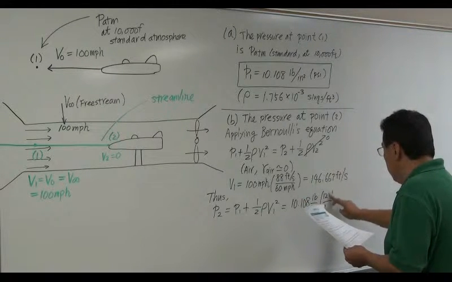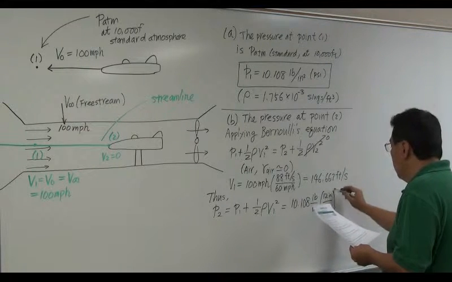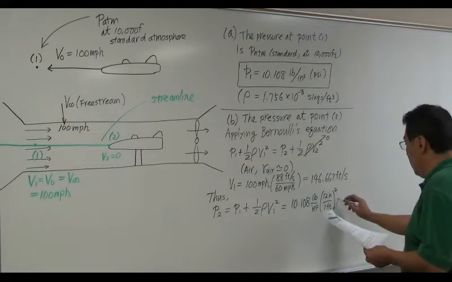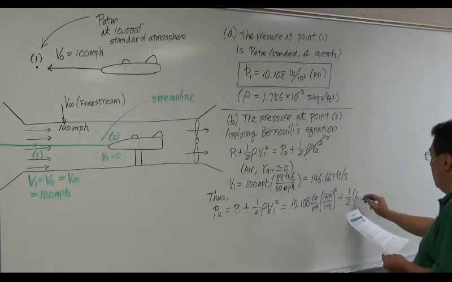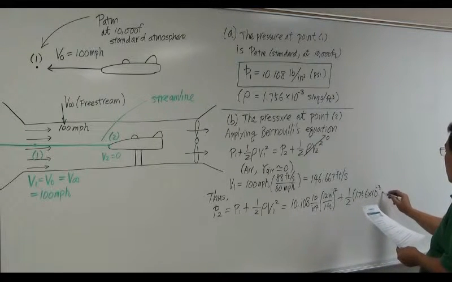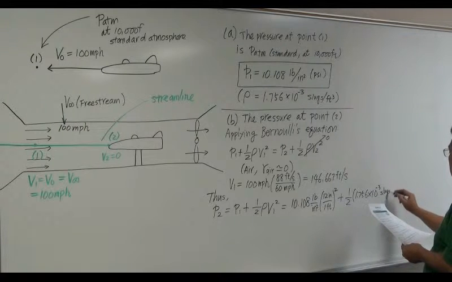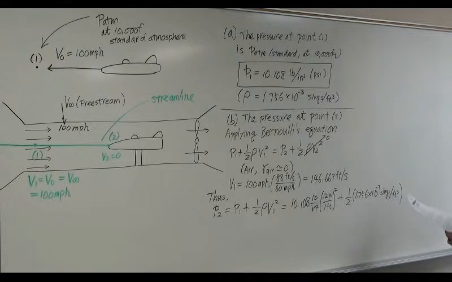12 inches for 1 foot, squared, plus 1/2 times the density we found, 1.756 times 10 to the minus 3 slugs per cubic foot, times velocity squared, 146.667 feet per second, this thing is squared.